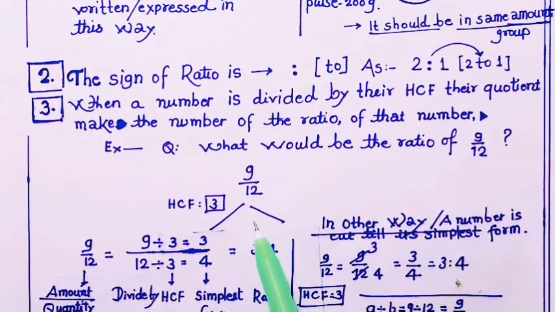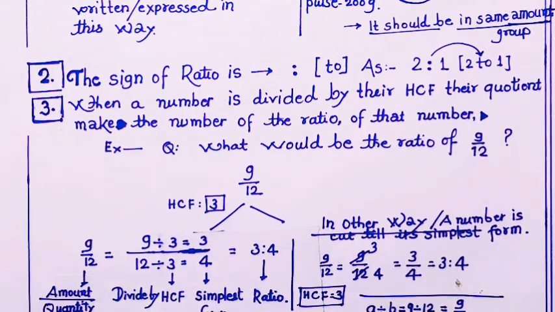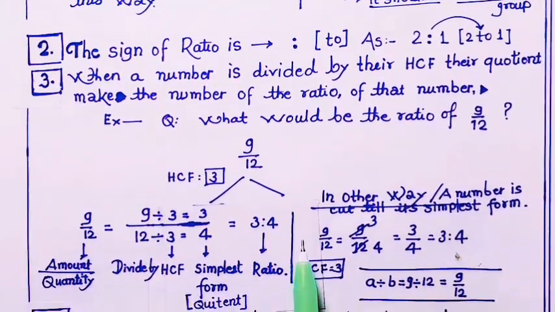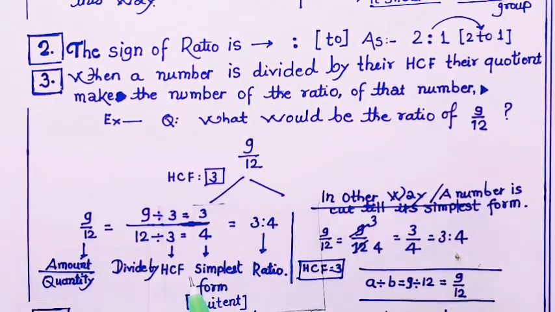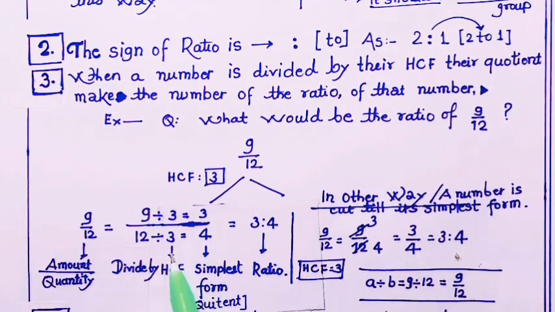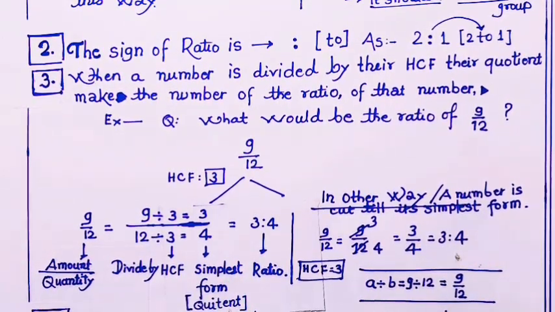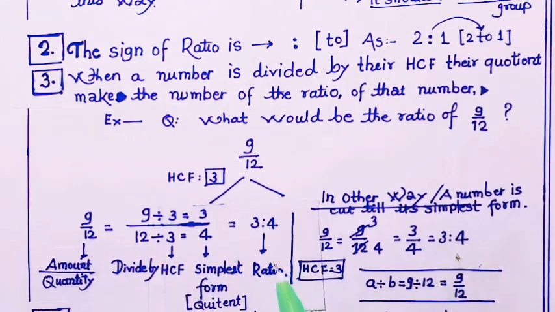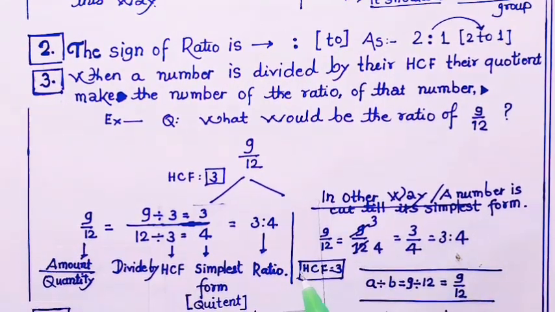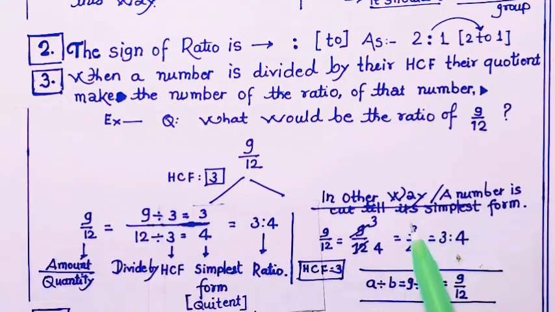So 9 by 12 amount, this is the amount quantity, and it will be divided by their HCF 3, and in this way after dividing this number with their HCF 3, we find 3 by 4, and this 3 by 4 is the simplest form. So the ratio would be 3 to 4.